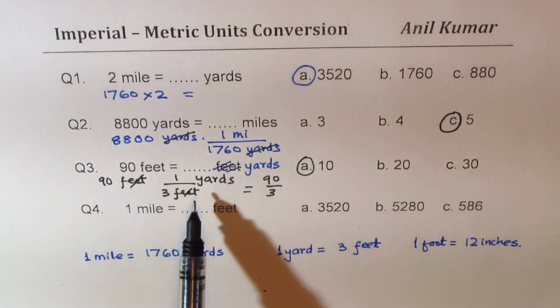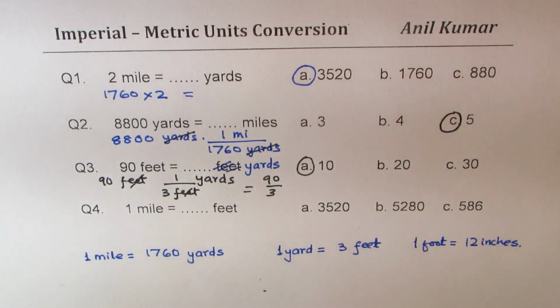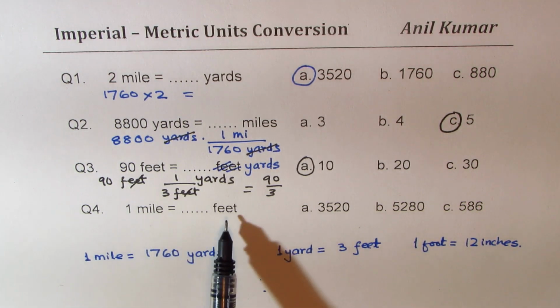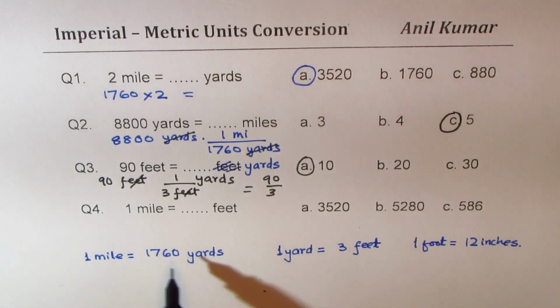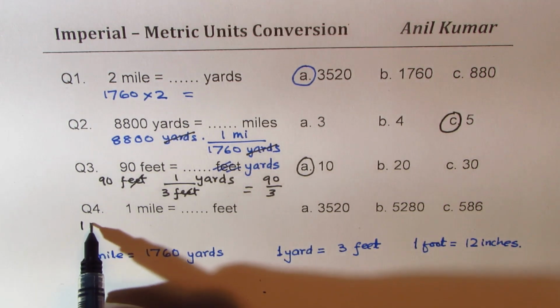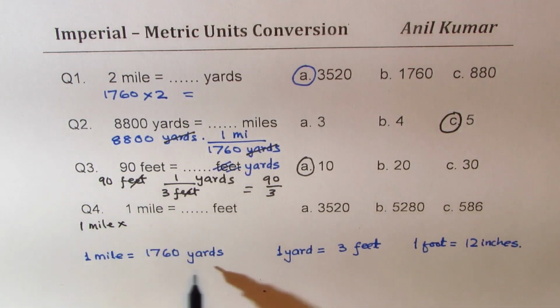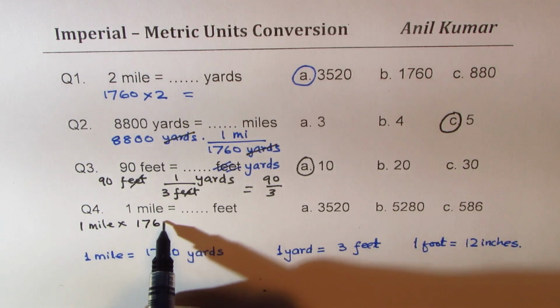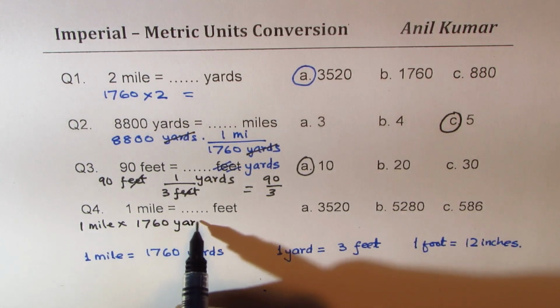So working with units in this fashion helps you to show your work correctly and always get the right answer, right? 1 mile into feet. Now we know in a mile we have 1760 yards, so we'll write 1 mile times 1760 yards.